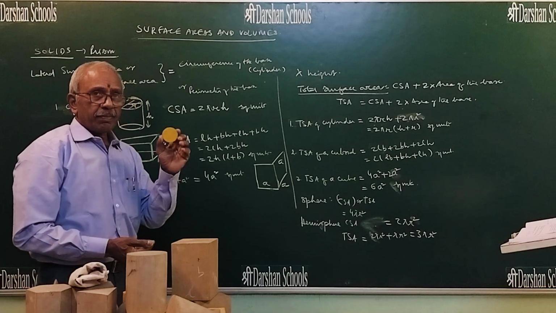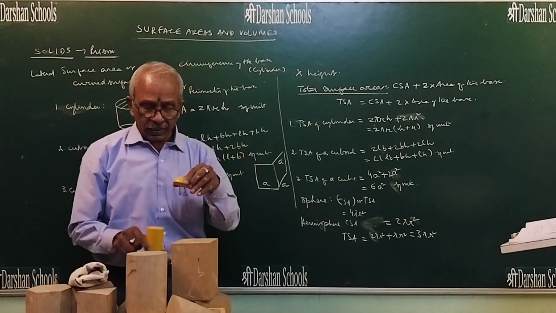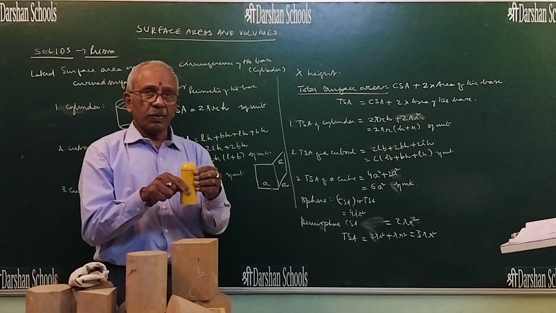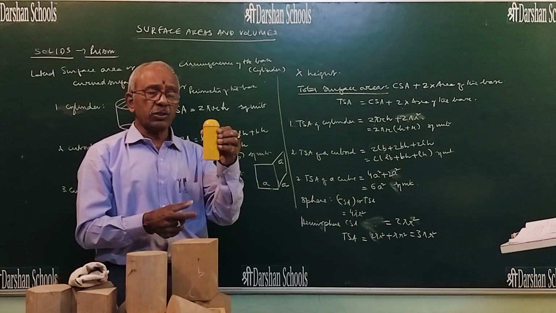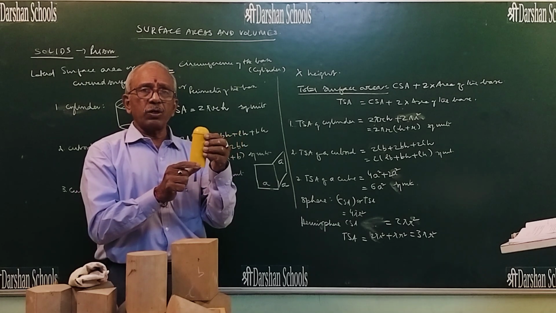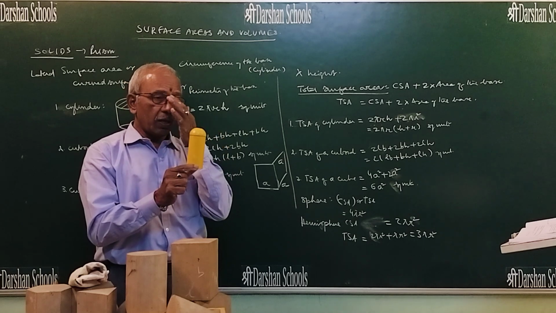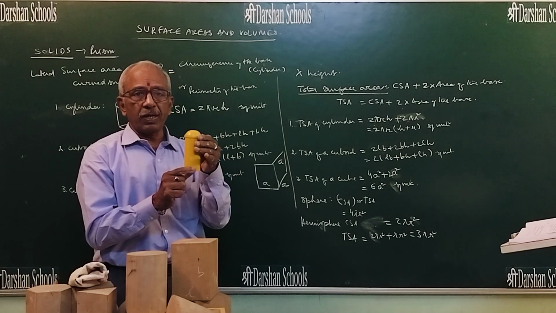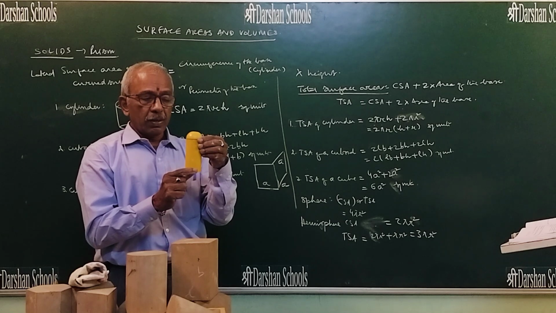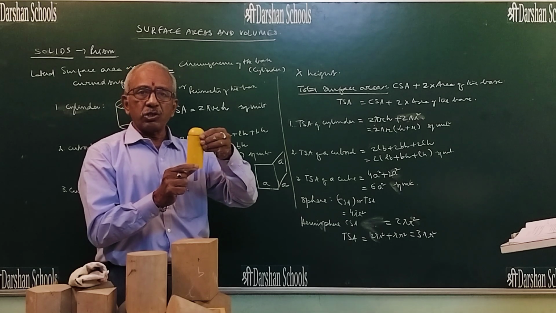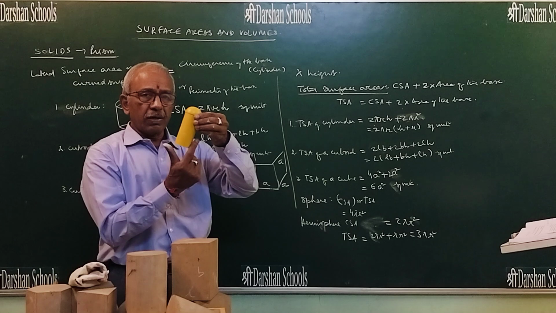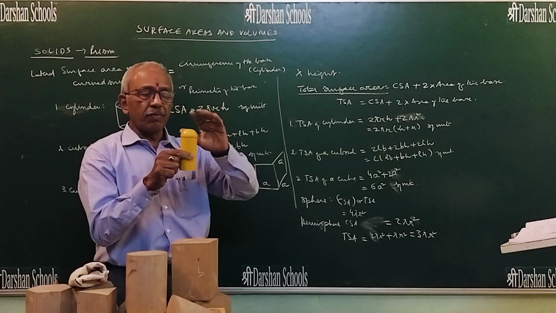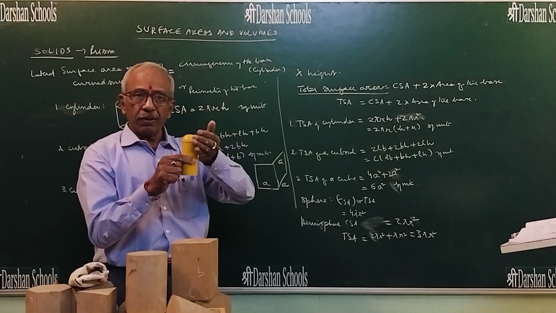Now, if I keep this hemisphere on this cylinder, this is a mixed solid. Suppose I want to find the total surface area or curved surface area of the mixed figure or lateral surface area. Lateral surface area of this mixed solid is given by curved surface area of the cylinder plus curved surface area of the hemisphere.